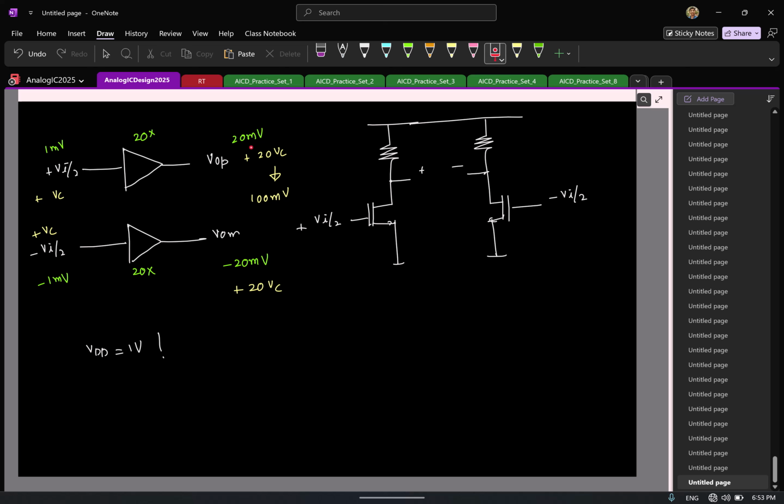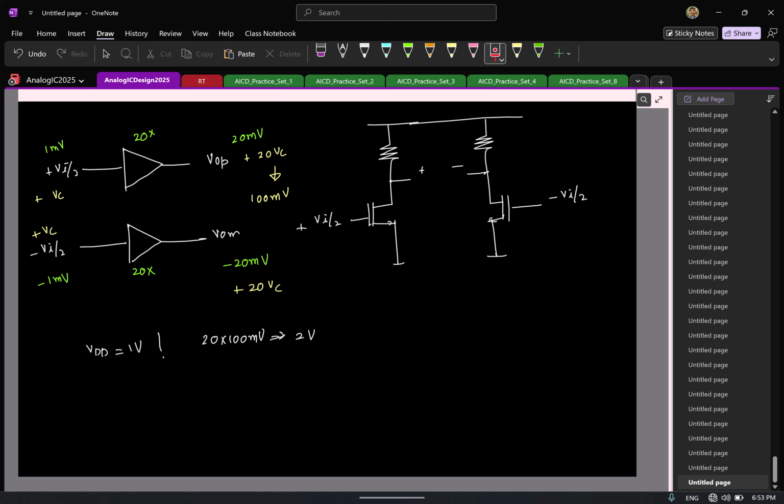Your actual differential output is only 40 millivolts. But because you have an interfering signal, that also sees the same gain, so the output can become 20 times 100 millivolts, which is basically 2 volts. That's a problem.